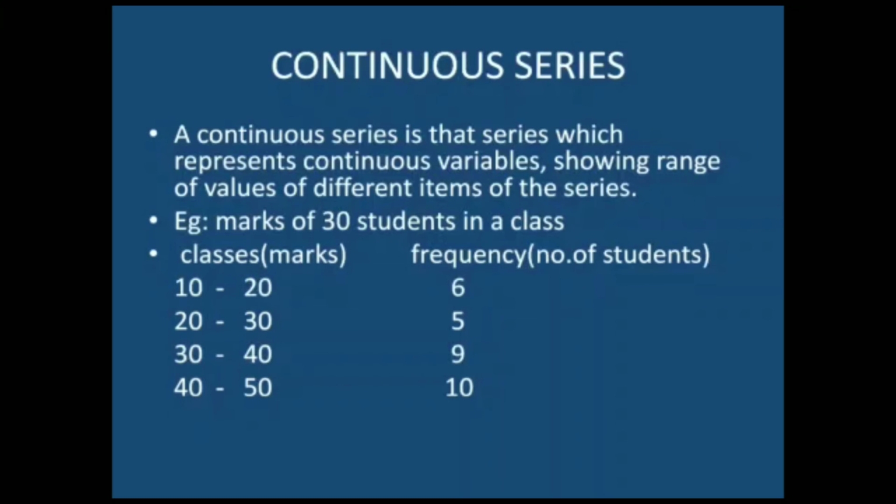So the data is presented in continuous series in this way. In the class interval, 10 to 20 is given. 10 is called the lower limit and 20 is called the upper limit, and the range between 10 and 20 is called class interval. So this is how data is presented in a continuous series.